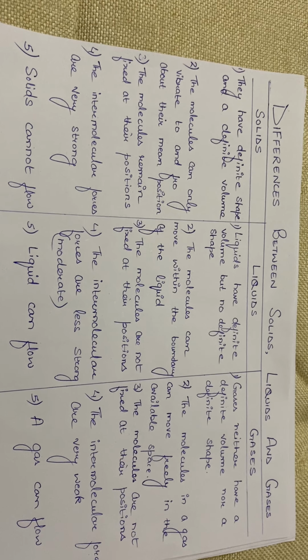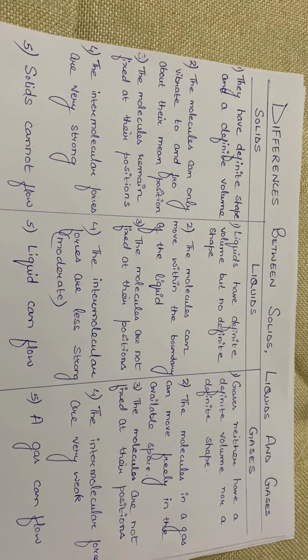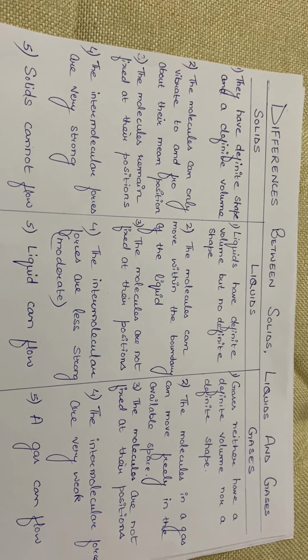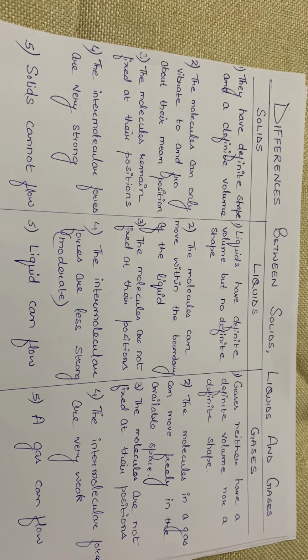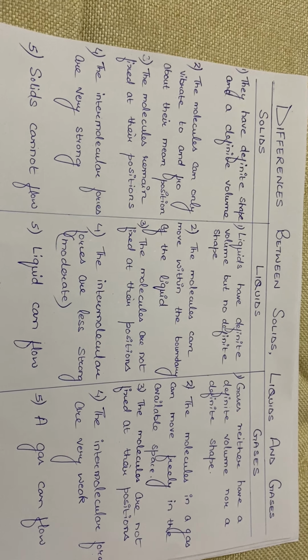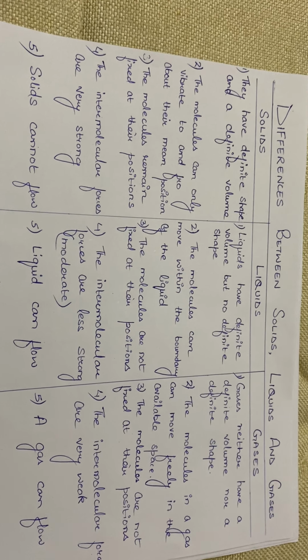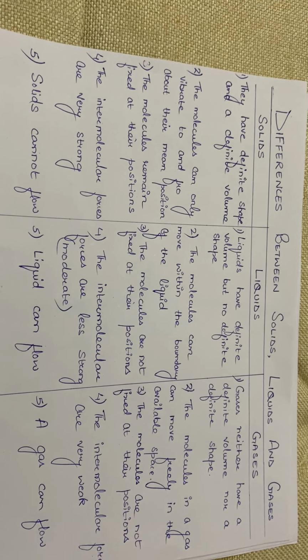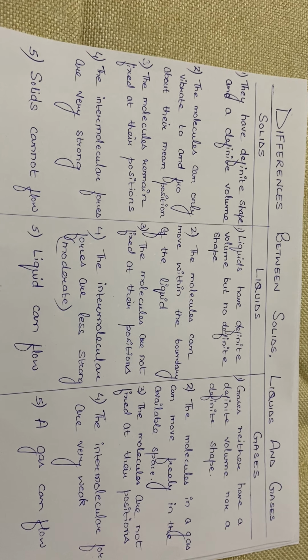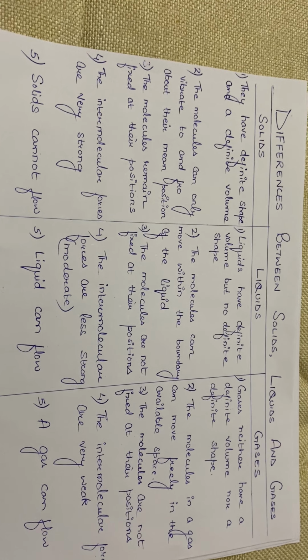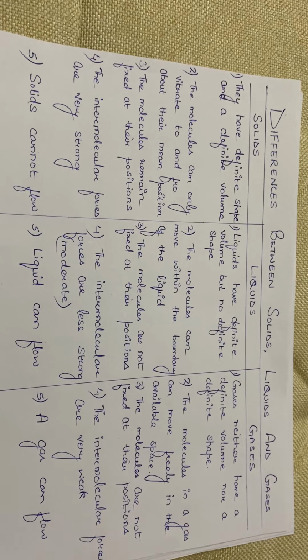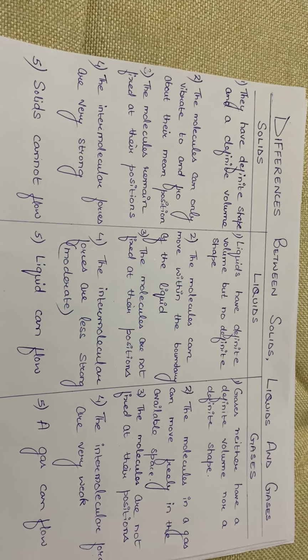So as a result, they have a definite volume, but the shape is not definite. How can we define the shape of a liquid? Simply, we can say the liquid takes the shape of the container in which it is kept. The moment we change the container, the volume will remain the same, but the shape will definitely change.